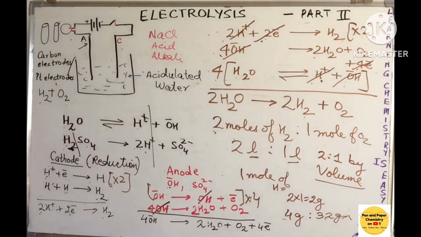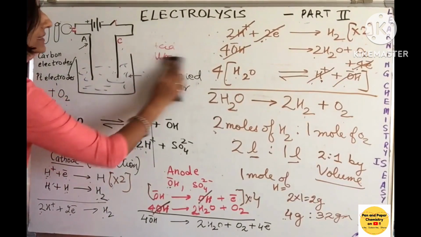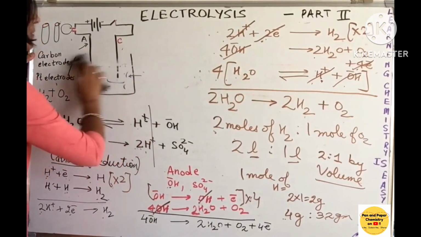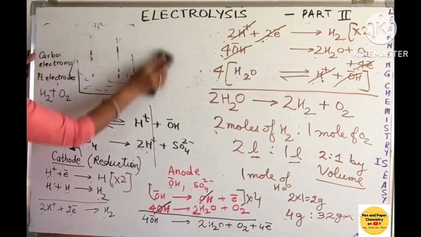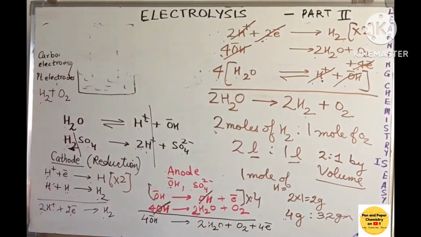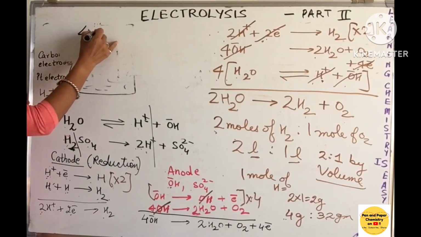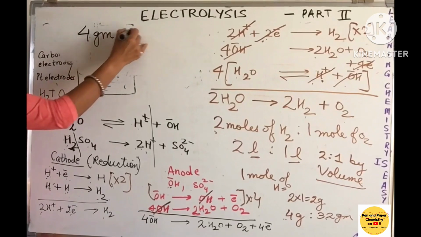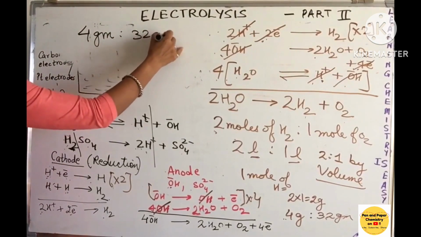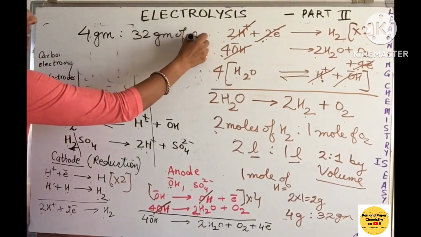4:32, right? Let me make space and write it with a bit more clarity so that you are able to understand and remember, because this is a very, very important point. So if we are saying by weight, it's 4 grams of hydrogen to 32 grams of oxygen, right?